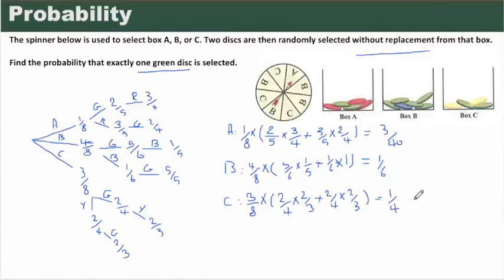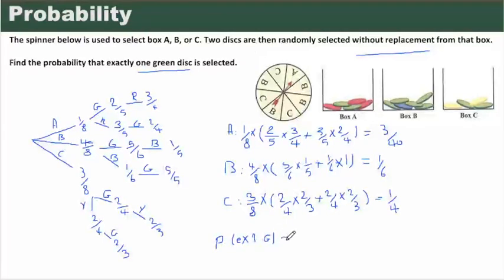So now I find the probability of exactly one green. I will abbreviate these words, exactly one green.